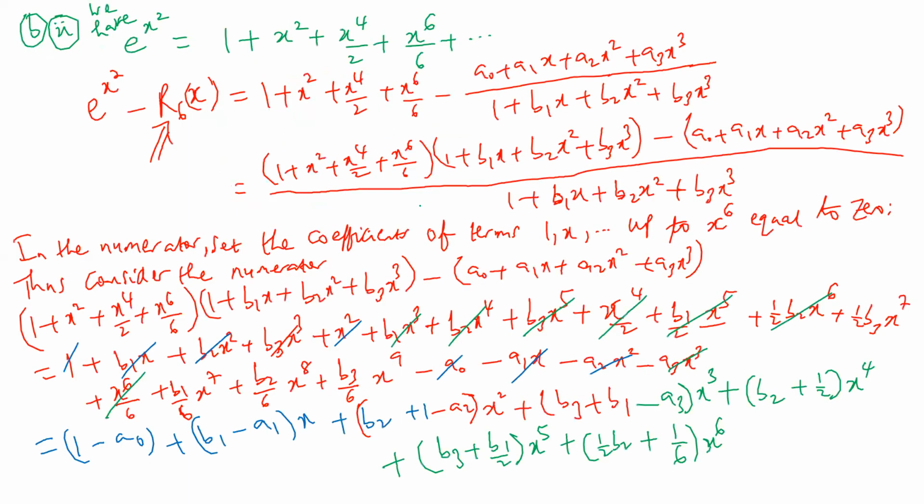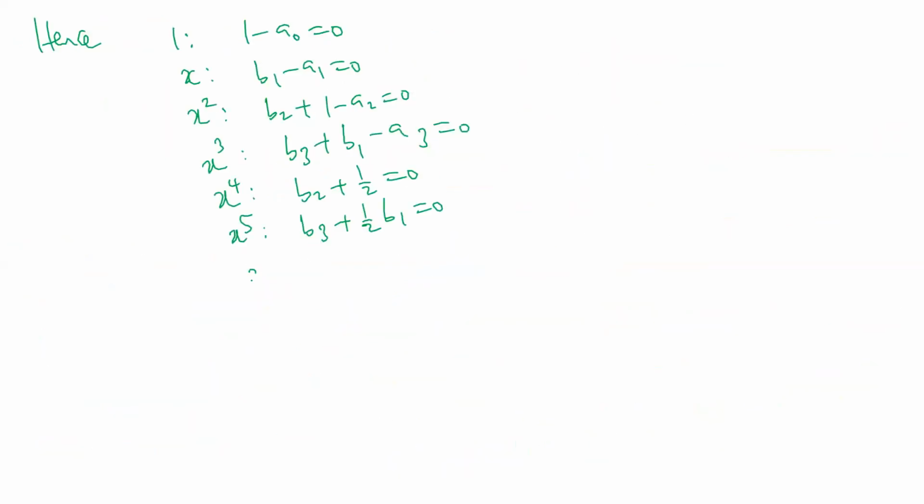X to the 6th power: 1/2 b2 plus 1/6. One half b2 plus 1/6.